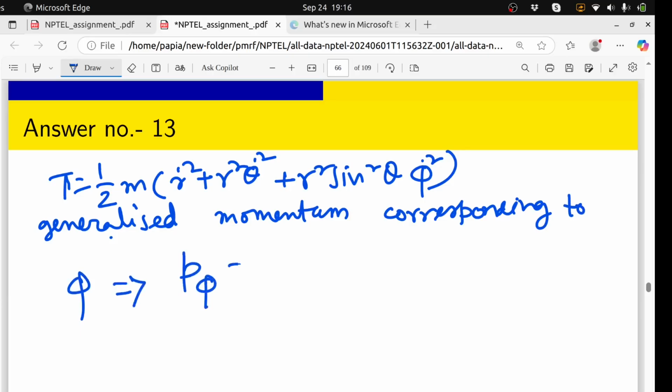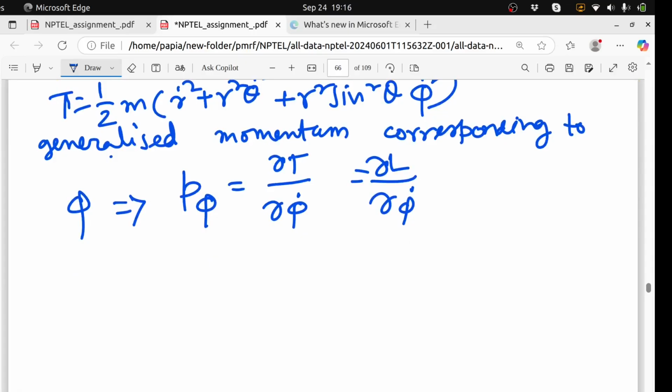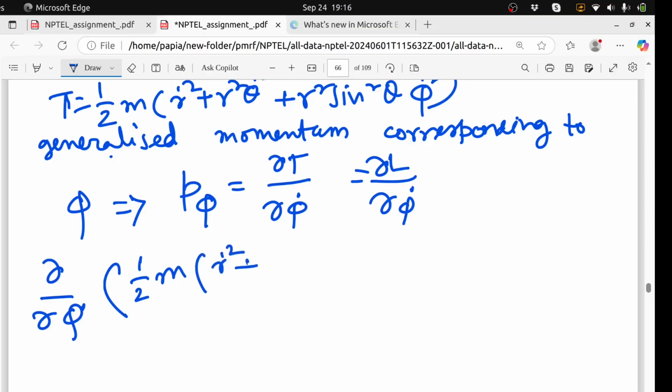What will be p phi, which is del T del phi dot, or it will be del L del phi dot. Okay. So now we can see that del del phi dot of half m (r dot square plus r square theta dot square plus r square sin square theta phi dot square).